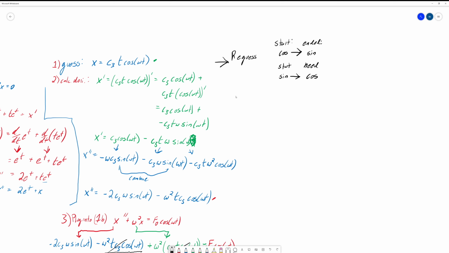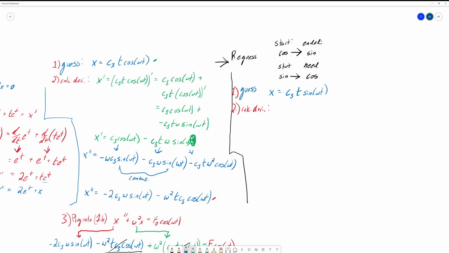So let's do this quickly, and we'll go ahead and guess x is equal to c3 times t times sine omega t. Okay, then step 1 is to guess, step 2 is to calculate derivatives.